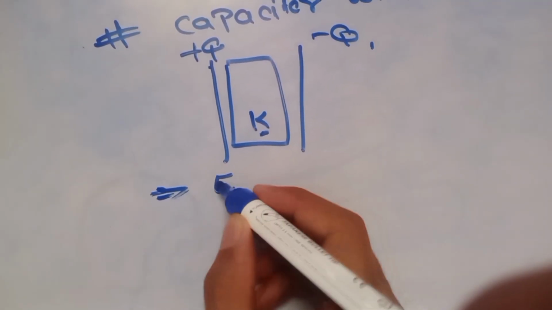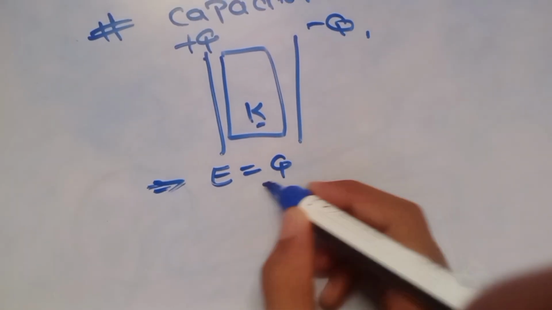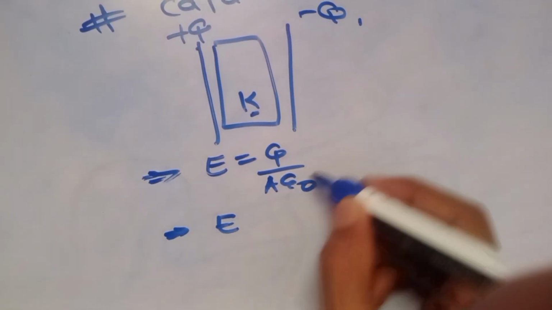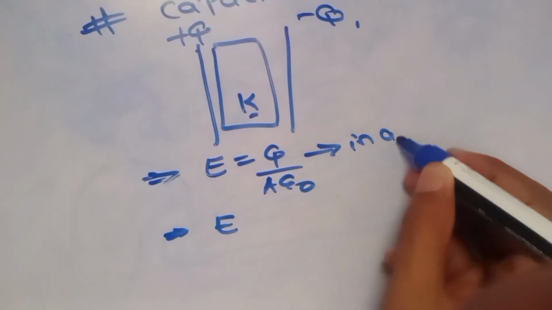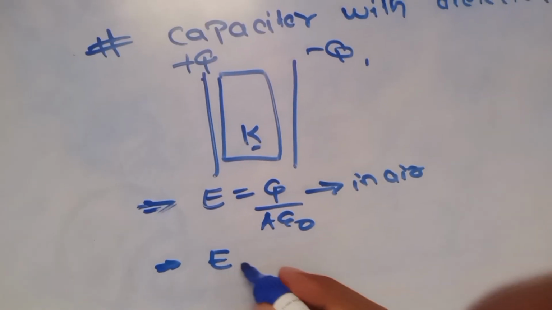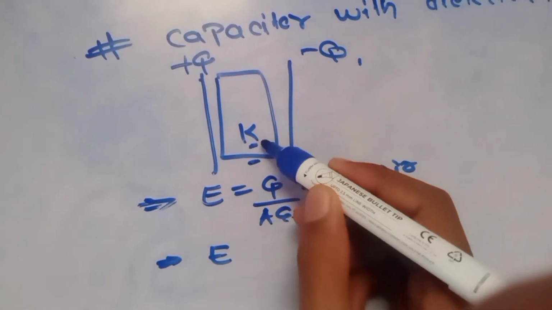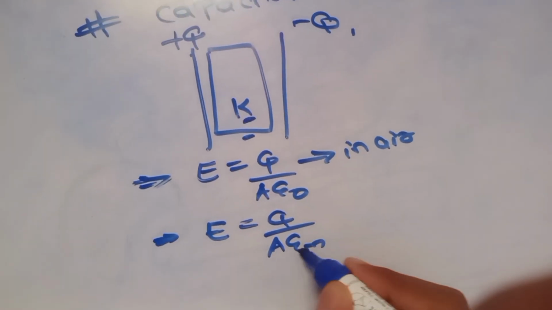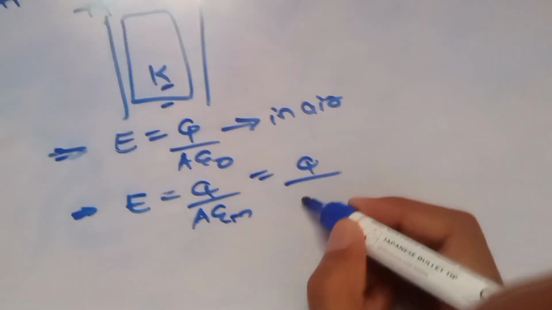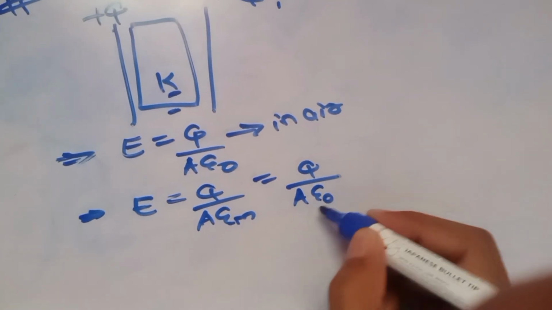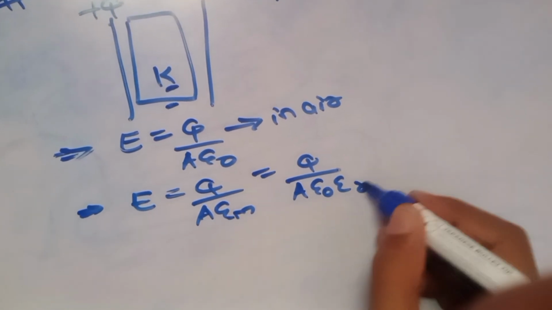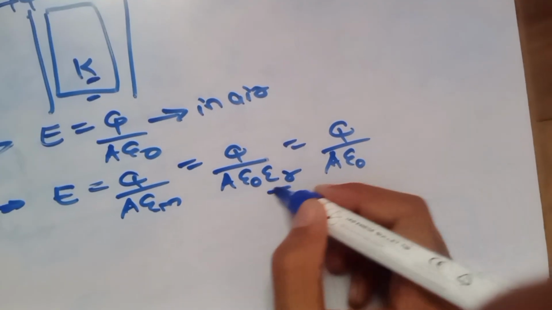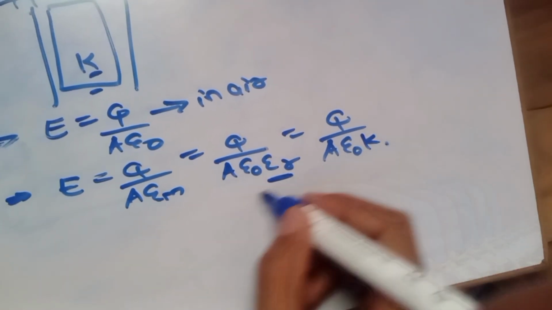So E equal to Q divided by A epsilon naught in air, but this is another medium of dielectric constant K. So E equal to Q divided by A epsilon naught epsilon R, and we can write epsilon R as K.